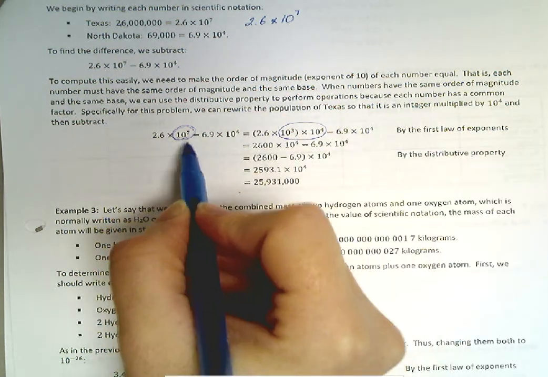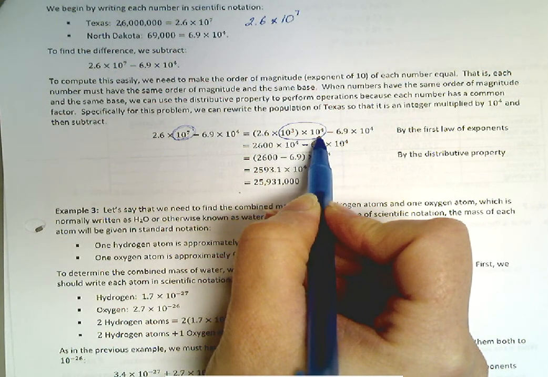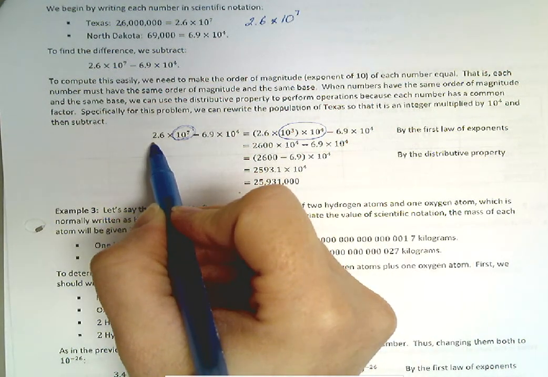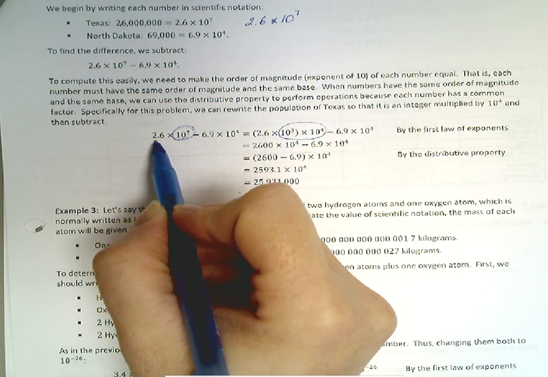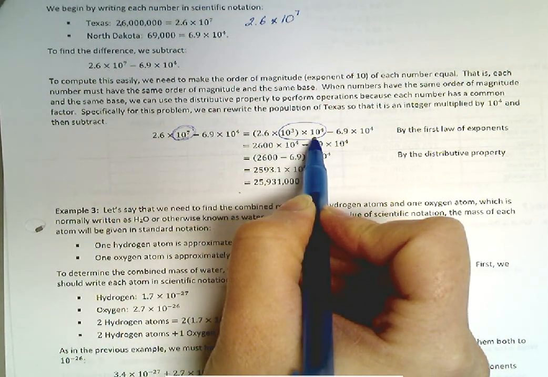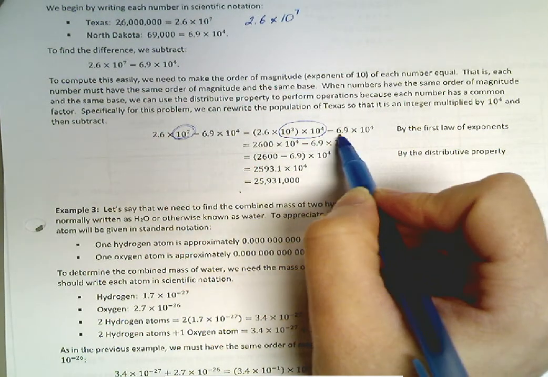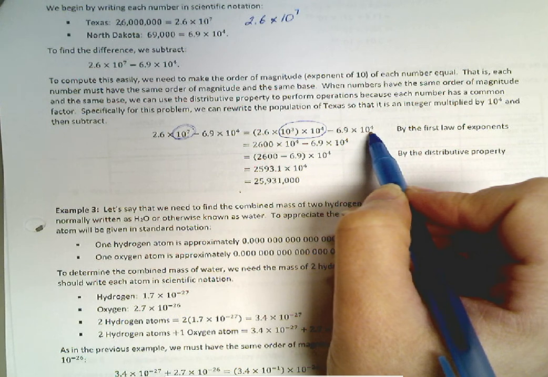So they're changing 10 to the 7th into 10 to the 3rd times 10 to the 4th. So we have 2.6 times 10 to the 3rd times 10 to the 4th minus, and they're leaving this one behind, 6.9 times 10 to the 4th.